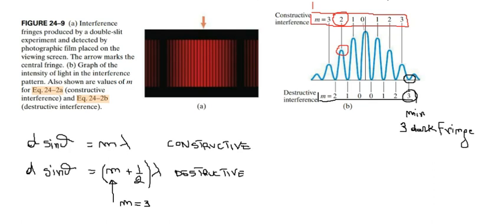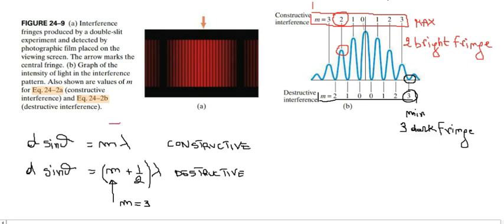So this will be called a maximum of interference, or a bright fringe. Precisely the second bright fringe. And you will obtain this placing instead of m the number 2.